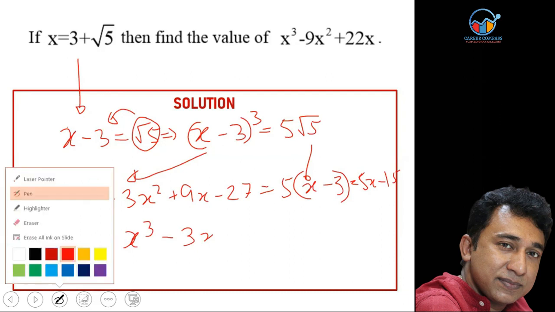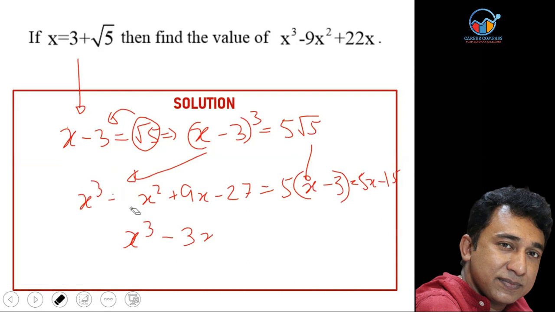So there's a slight mistake here. I'm just trying to rectify. This would be 9, that is 3 into 3, so it would be 9x square. Now see, this 5x will come to the left hand side.